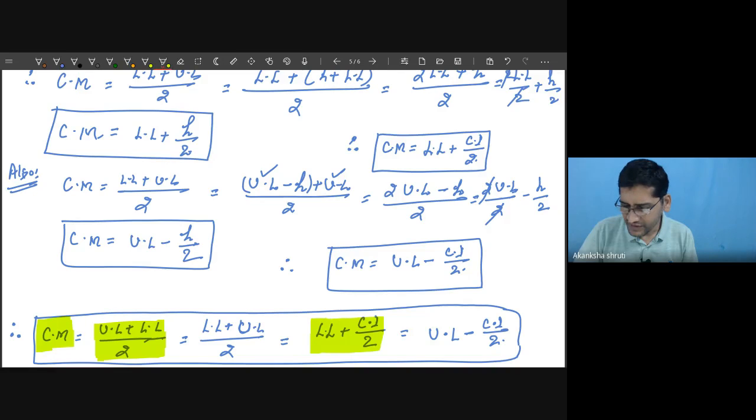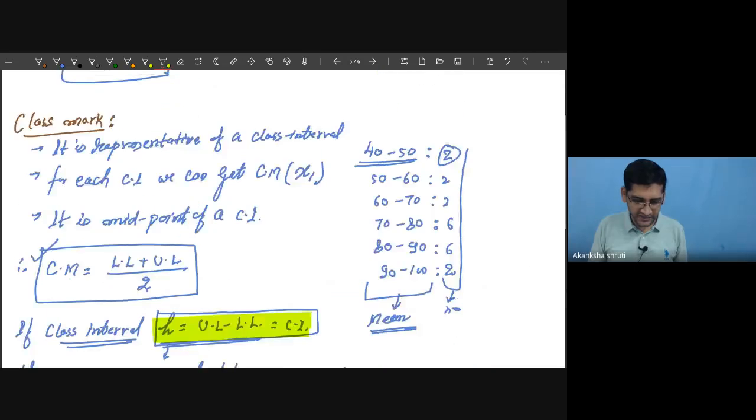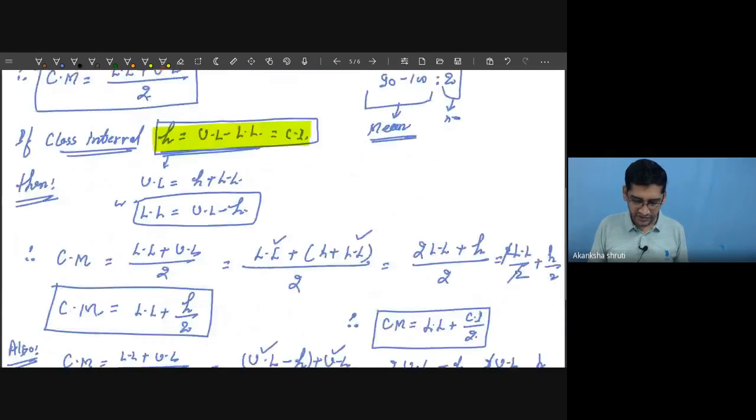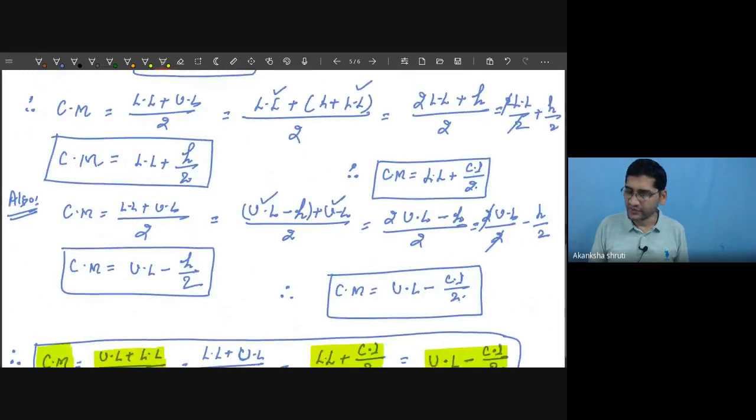The other one is from the upper limit: if we want to calculate from it, then we need to subtract. So these are the relations between the class mark and class interval.